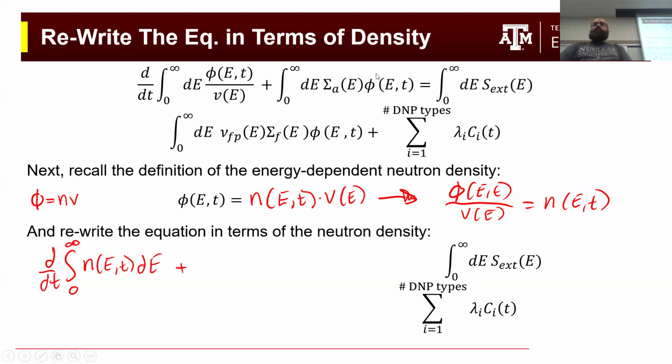And then in these other terms, when I have a scalar flux, I'm just going to replace it with this definition. So for this absorption term, I'm going to have the integral from 0 to infinity of sigma A of E times N of E and t times v of E integrated with respect to energy.